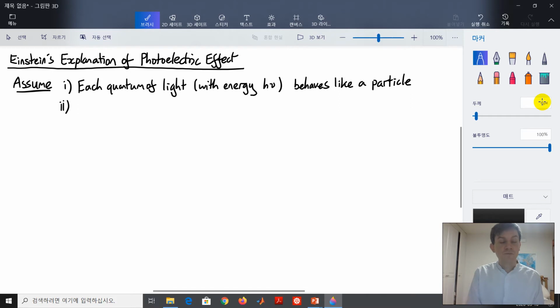Secondly, you assume that electrons are able to absorb these quanta, these particles, and when they absorb them, the energy of the light is transferred to the electron.